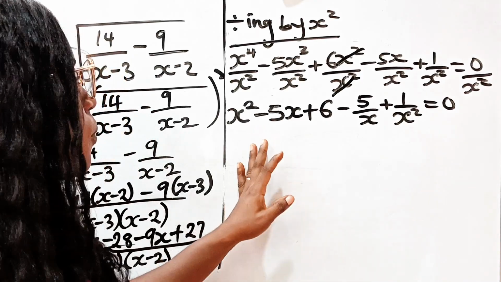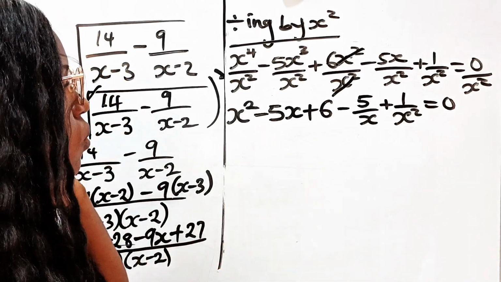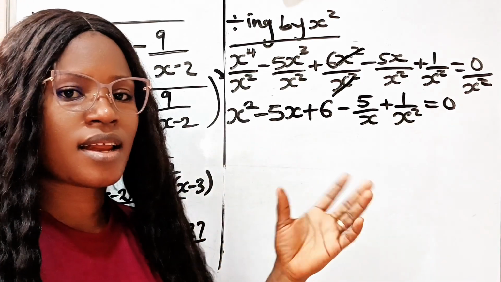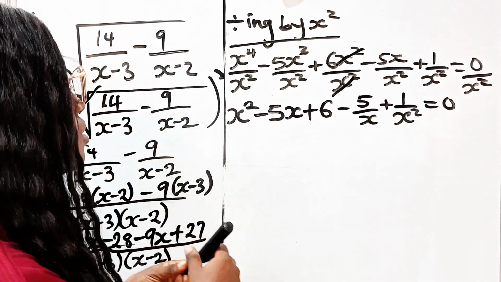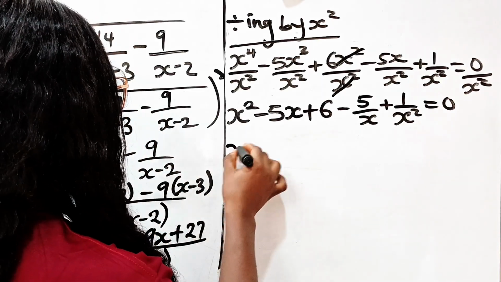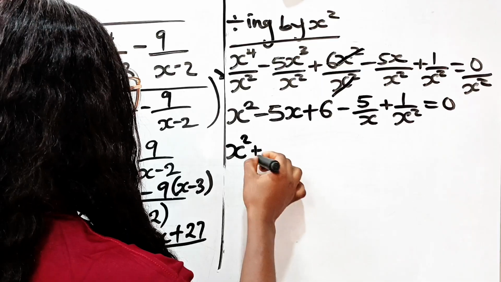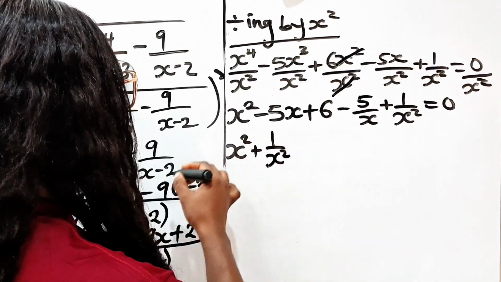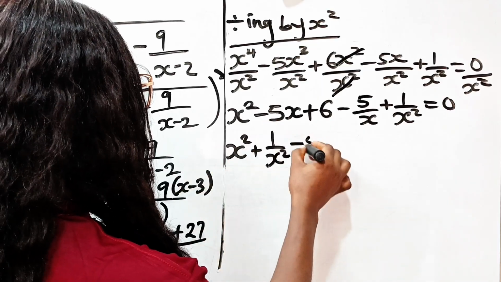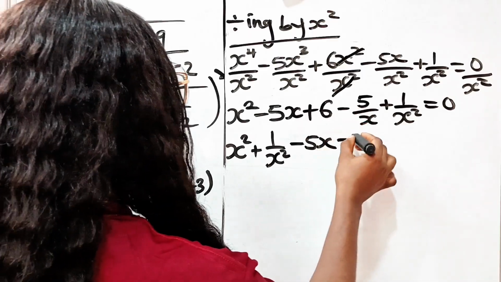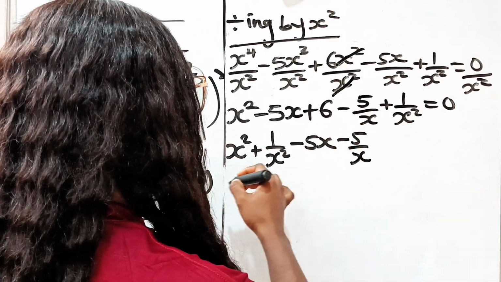Alright. So at this point, what we are going to do is to collect like terms. So write x squared plus 1 over x squared. Then we have minus 5x minus 5 over x.